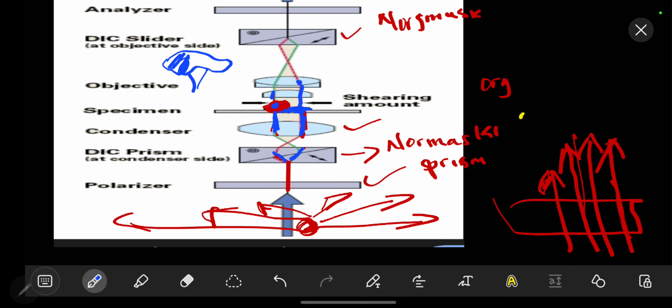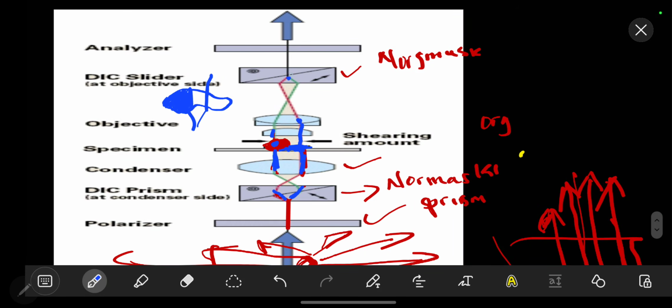Where one light ray may pass at a point which is very thick, another one may pass at a point which is not thick. As a result, when it gets recombined, the light ray carries information about where it was thick and where it was not thick.